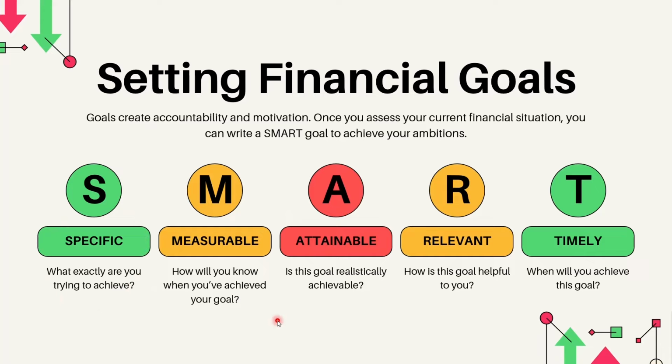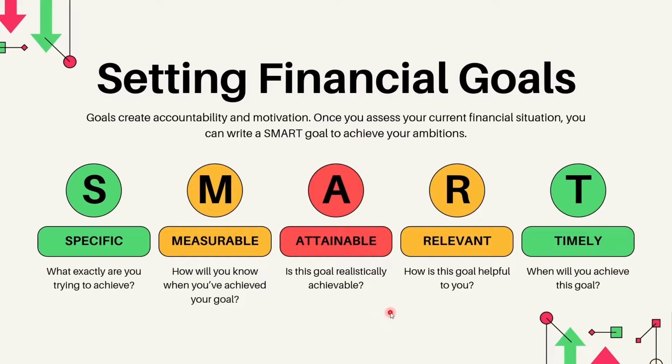Measurable: how will you know when you have achieved your goal? You must know. And attainable: is the goal achievable on a monthly basis, like saving $500 or $1,000 every month?